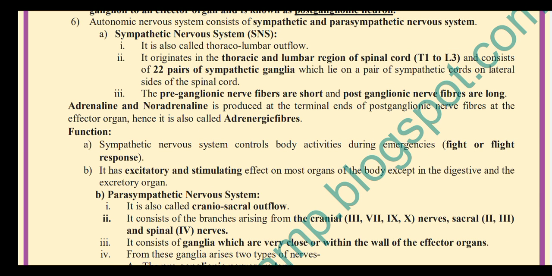First, the sympathetic nervous system. First point, it is also called thoracolumbar outflow because it comes from the thoracic and lumbar vertebrae.